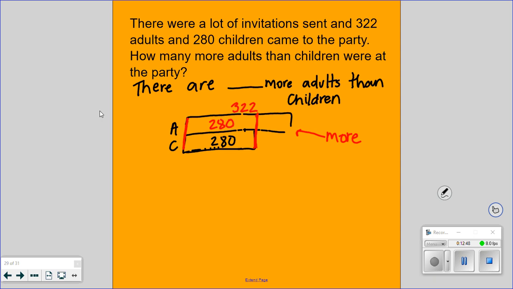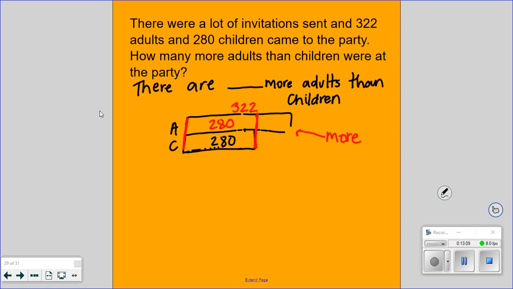Now the tricky part. I figured out at one point there was exactly 280 adults, 280 kids. But more than that of adults showed up. What equation helps me figure that out? This is the hard part.